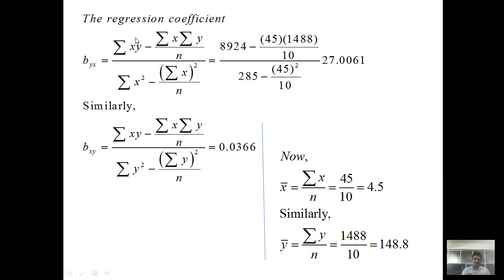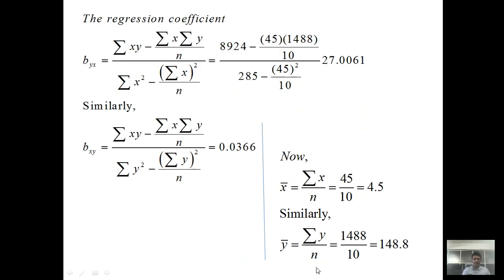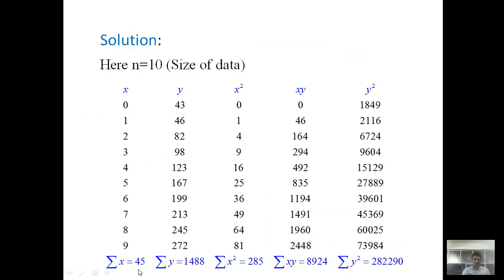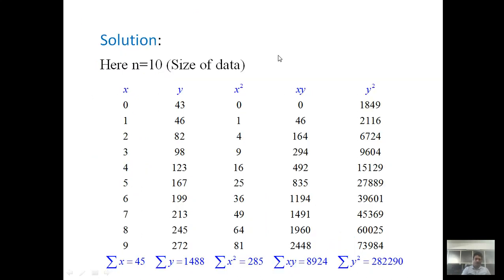Where the sum of xy is 8924 minus sum of x is 45, sum of y is 1488. So 45 into 1488. Now n, the number of data, is given from t equal to 0 over to t equal to 9, so the total data is 10.